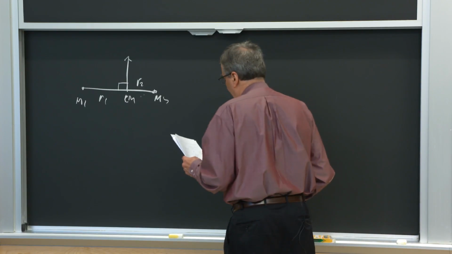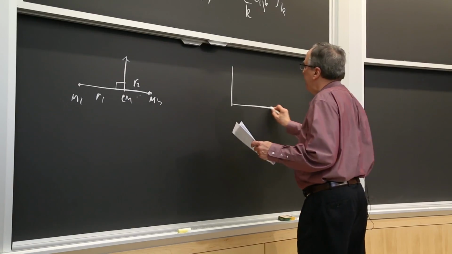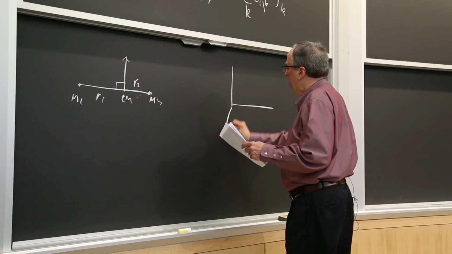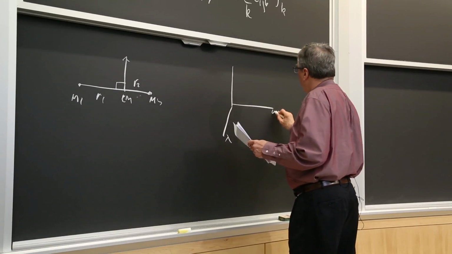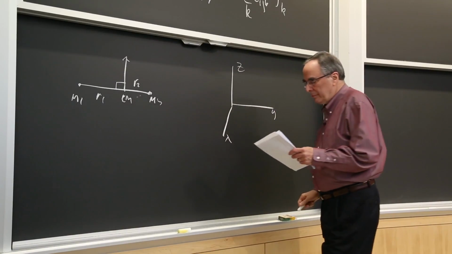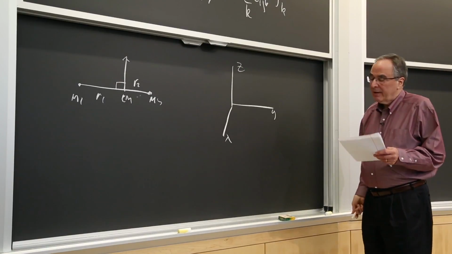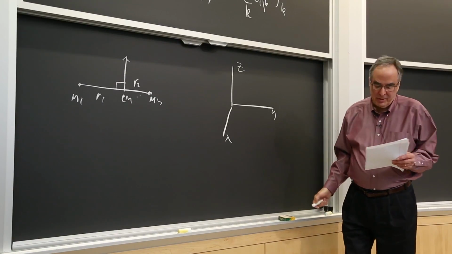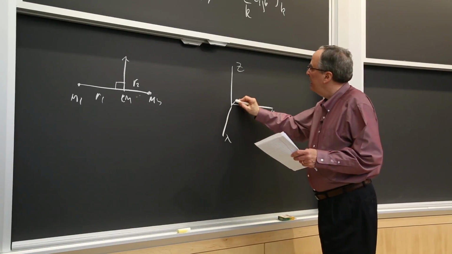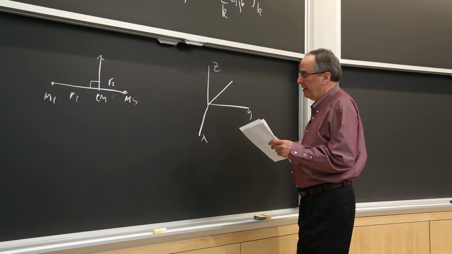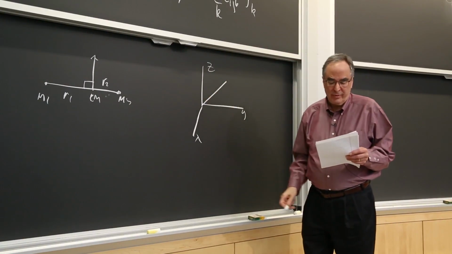And, okay, so now let's draw, so we have a right-handed coordinate system, and we have, say, the vector j. This is the laboratory frame.